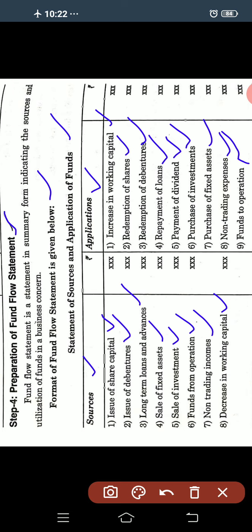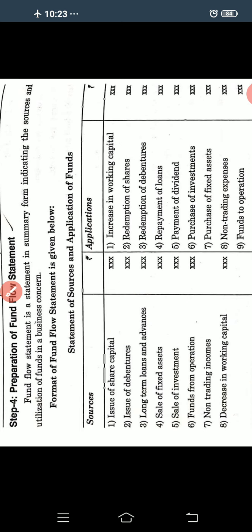If there are any non-trading expenses, the company has to pay them, that is an outflow of fund. The last one is fund to operation, which I have already explained. If there is a fund from operation, we record it under sources of fund. If it is a fund to operation, it is an application of fund.